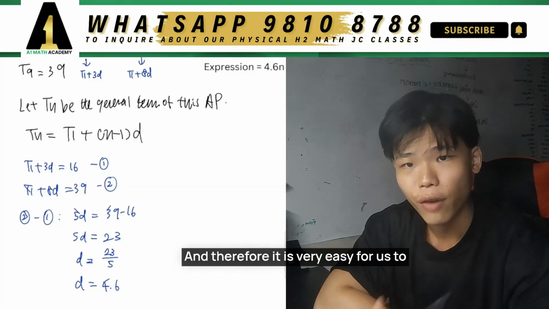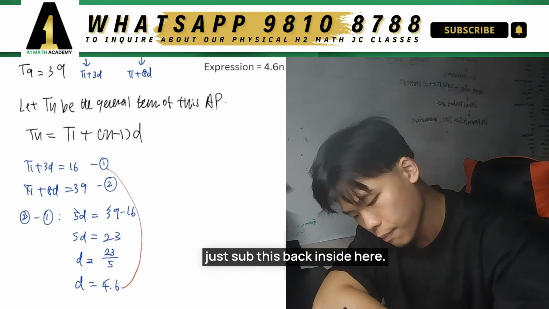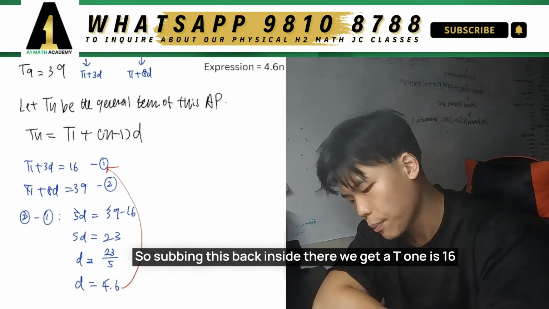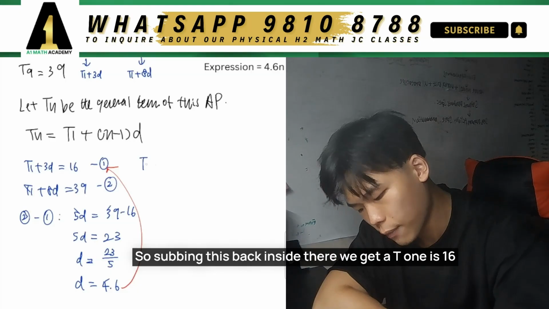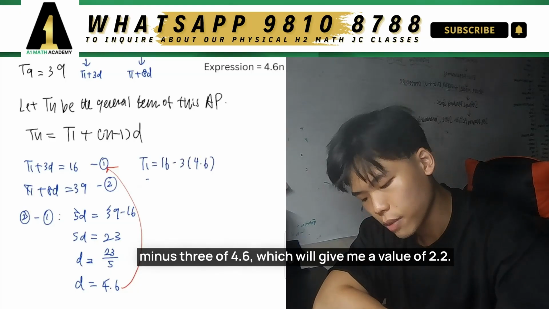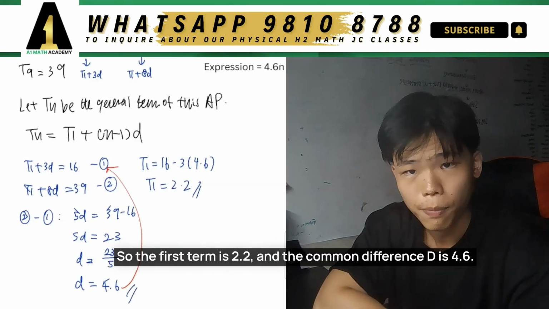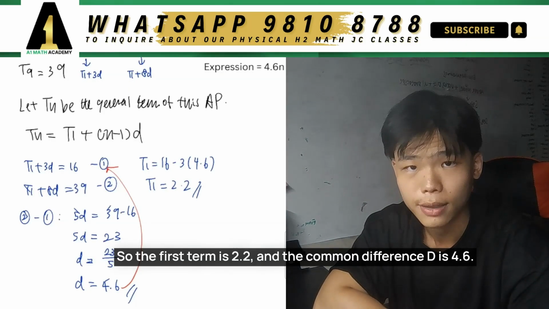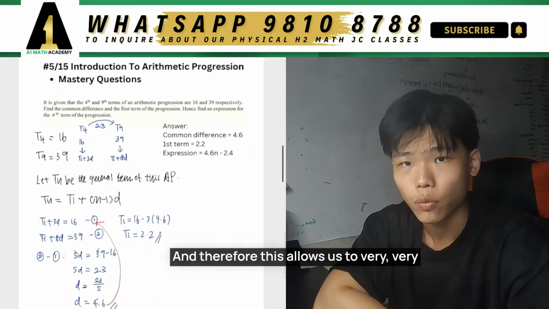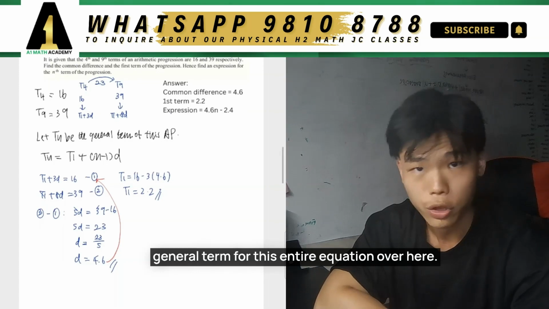And therefore it is very easy for us to figure out what's the first term, right? Because all we need to do is to just sub this back inside here. So subbing this back inside there, we get that T1 is 16 minus 3 of 4.6, which will give me a value of 2.2. So the first term is 2.2, and the common difference D is 4.6. And therefore, this allows us to very, very easily figure out what's the n term, or the general term for this entire equation over here.